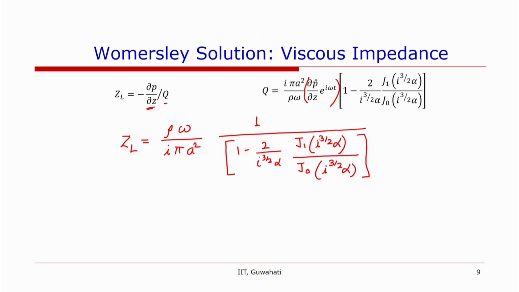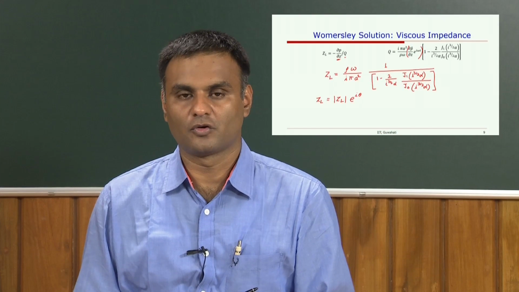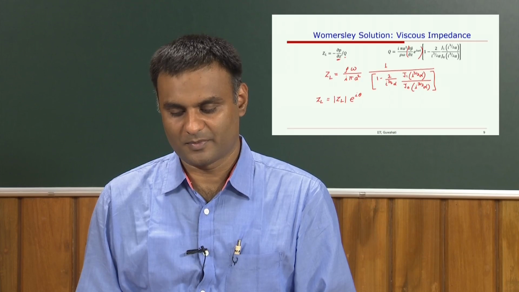So this is the viscous impedance term, and again we will have the magnitude of ZL here, and there will be a theta term, which will be the phase difference between the pressure gradient and flow rate. This is quite handy in calculations of the work that is done in the system for the pulsatile flow to happen.